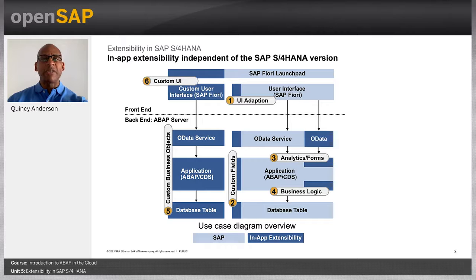Bullet point 5, custom business objects, allows customers to create new business objects, which automatically create the required database tables. Finally, in bullet point 6, custom user interfaces, customers can create their own SAP Fiori user interfaces, either from scratch or based on templates. The UI consumes SAP S/4HANA's RESTful OData interfaces.